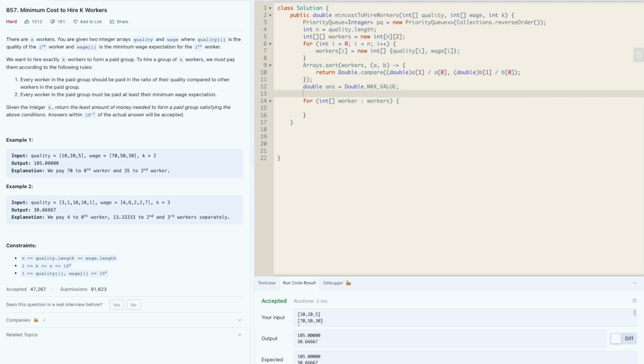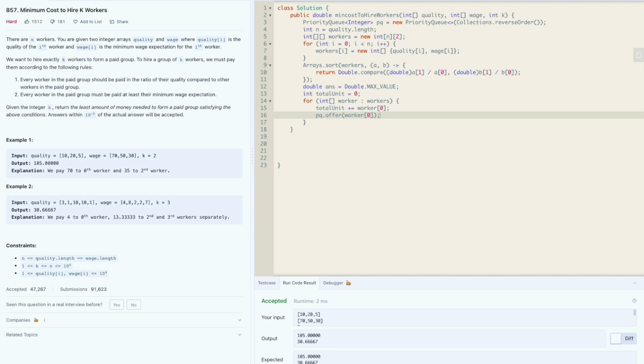Also we need a variable to keep track of the total units that we have seen so far. So on each iteration, we'll add worker 0, which is quality, to the total units.